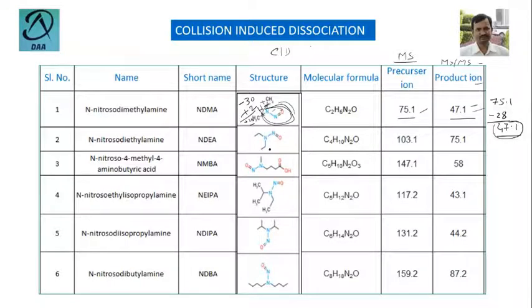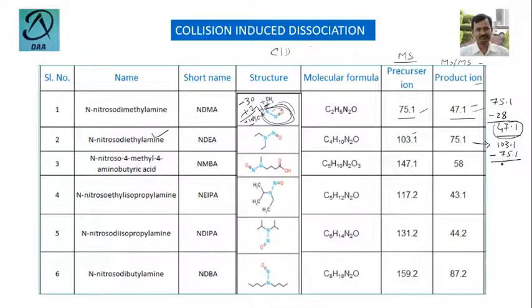In the same way, if you break here or here, you can find the difference also in this second case, N-nitrosodiethylamine. In this case, the difference between precursor ion and product ion is 103.1 minus 75.1.